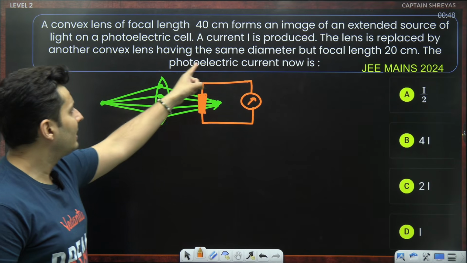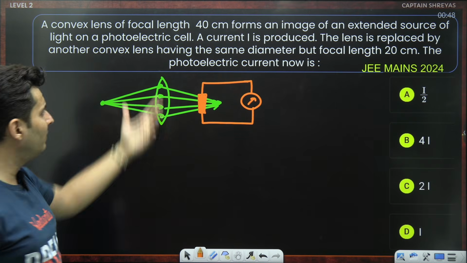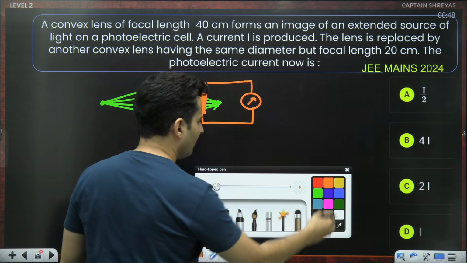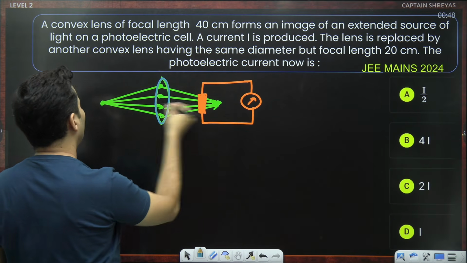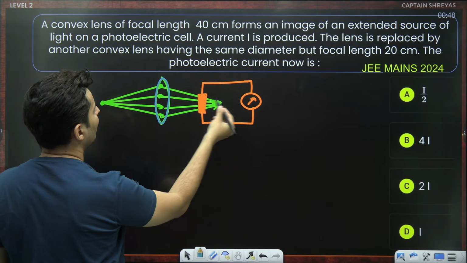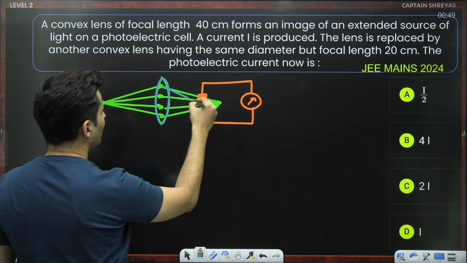Now, if you use another lens having the same diameter but different focal length, what will happen? The rays, instead of converging here, will probably converge here.